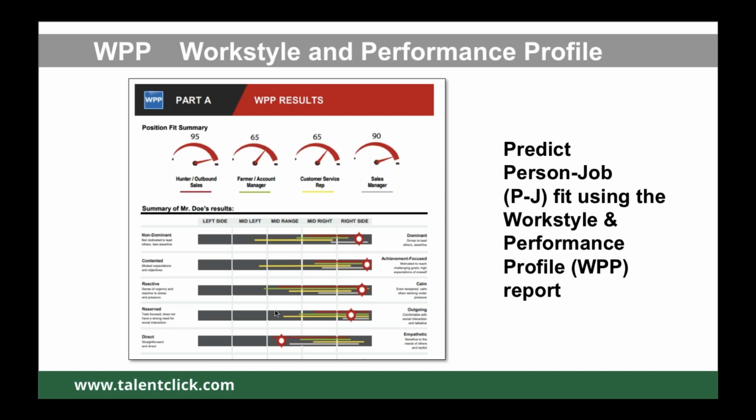As you see at the top of those gauges, it could be a benchmark for a sales hunter versus a farmer versus a customer service rep, and so on. This is the summary page from our report. The reports are actually about 7 pages long, but this is the one summary page that's most important. I'll explain these dimensions more in a few minutes.